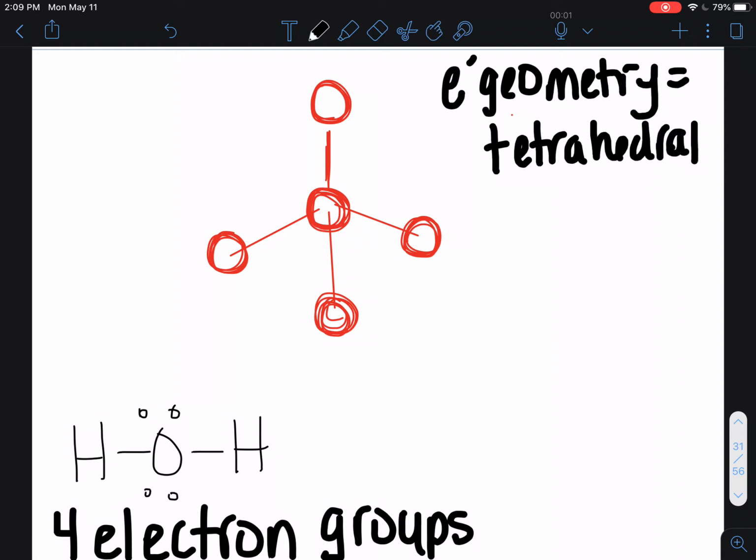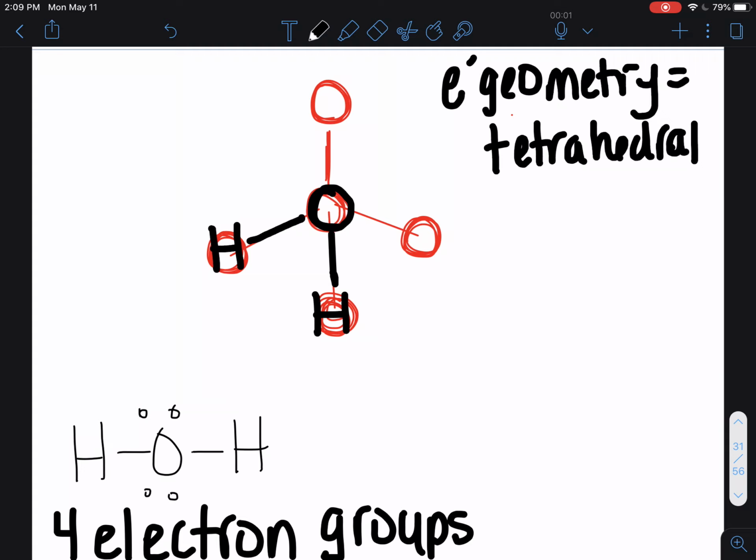Okay? So now I'm going to take the Lewis structure and translate it into this. So the central atom, oxygen, I'm just going to replace that with an O, and I'm going to put the two hydrogens here and here. These are still the same bonds. Okay?